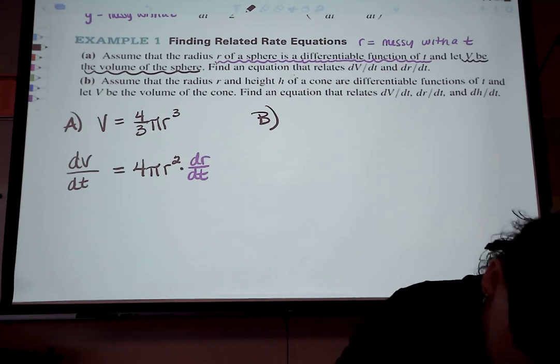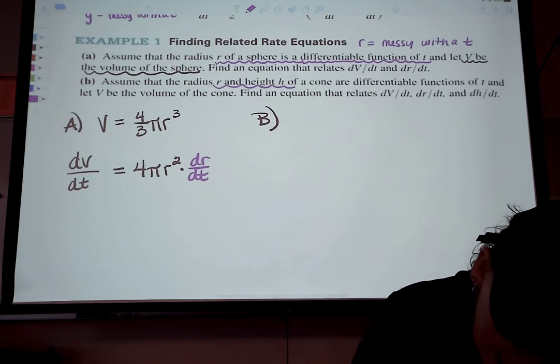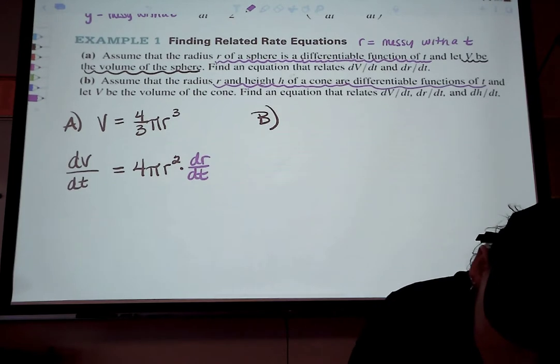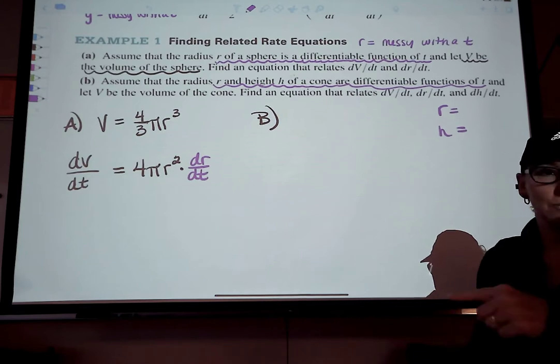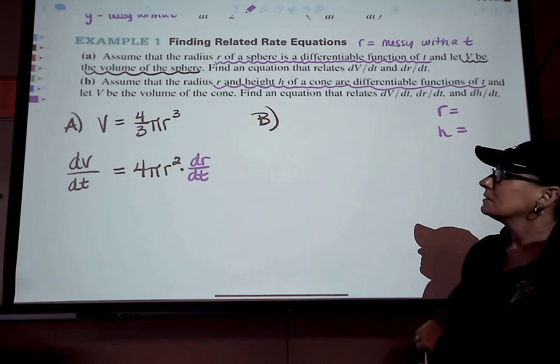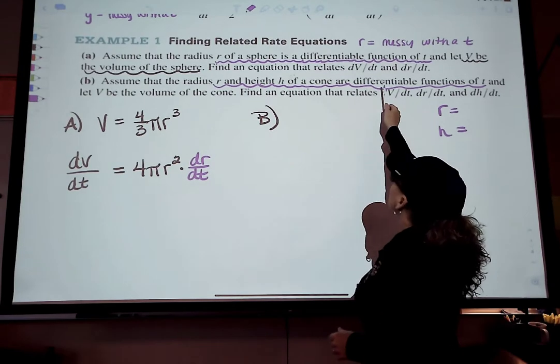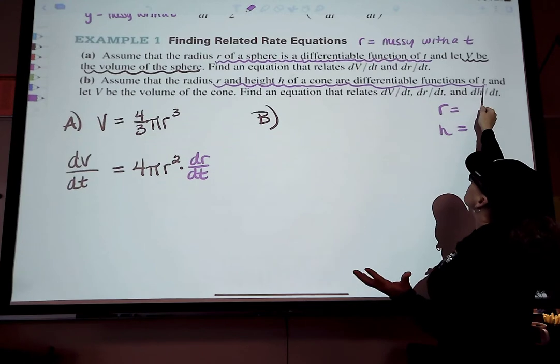All right, part B. It starts out by saying r and h are both messy with a t. R and h, you can take the derivative of them, and they're messy functions based on time.